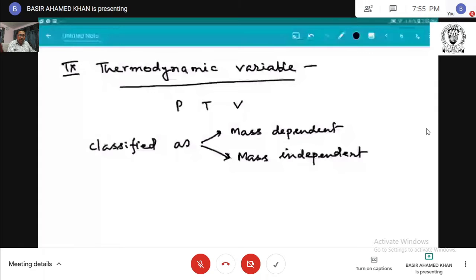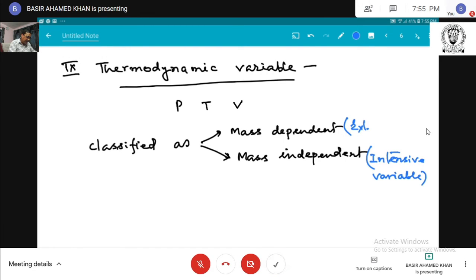This is intensive variable, and this is mass dependent variable or extensive variable.